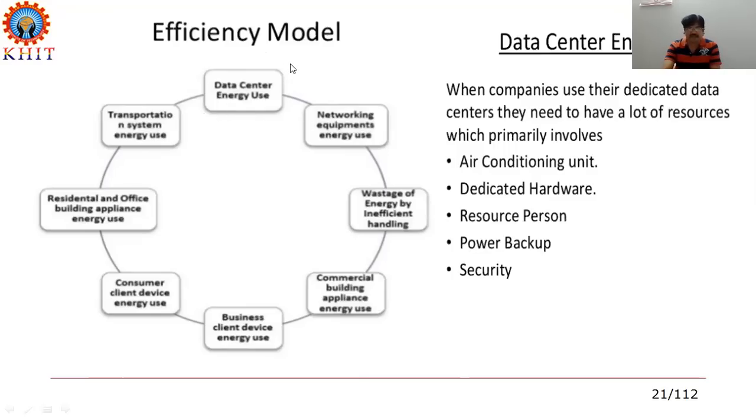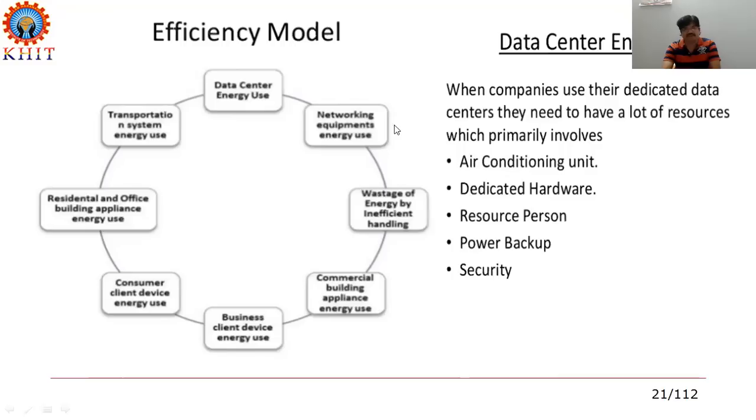We need power backup, for performing the task over a period of time without any failures. We need to maintain UPS backup also, and we need to provide security for data centers. If we provide all these, we can say the data center is running with a very efficient model.